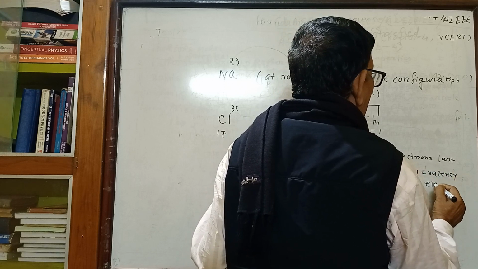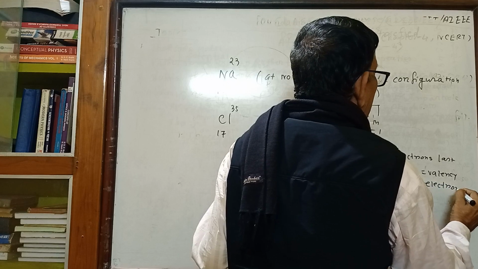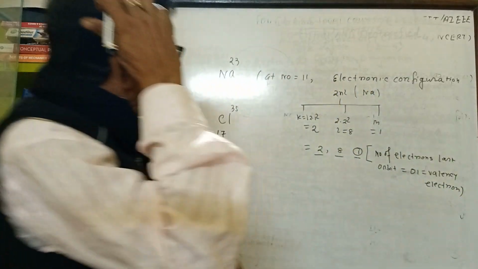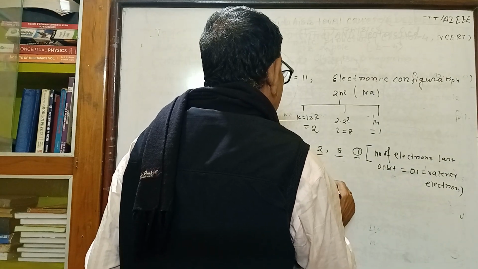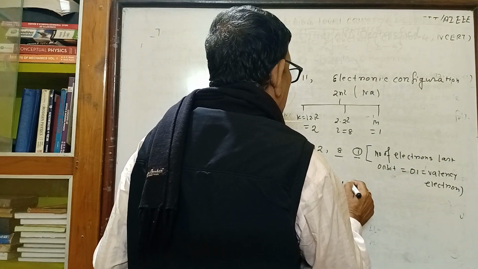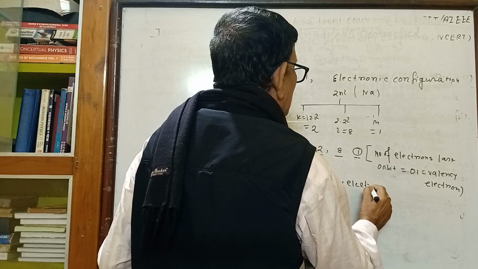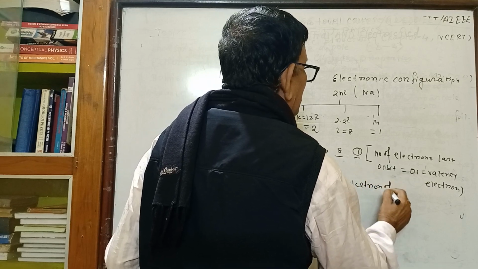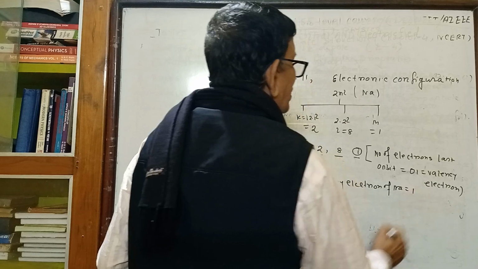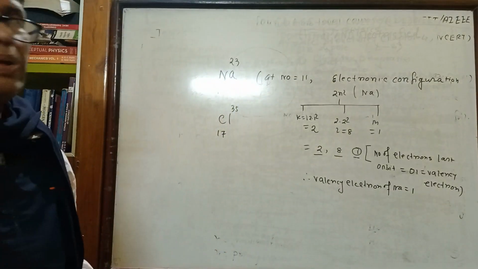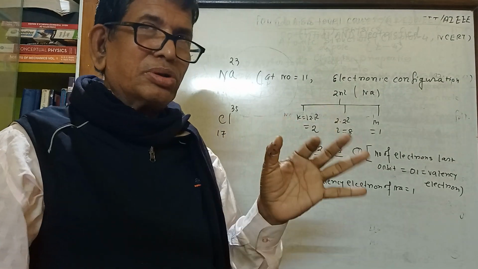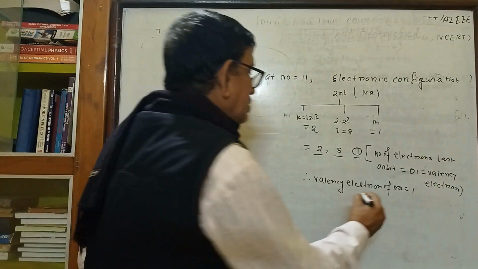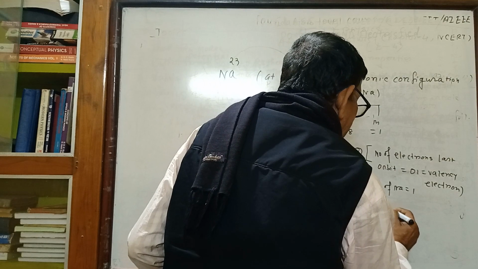That is called the valence electron. So the valence electron of sodium is 1. Clear? If the valence electron count is within 1 to 4, that is the valency.